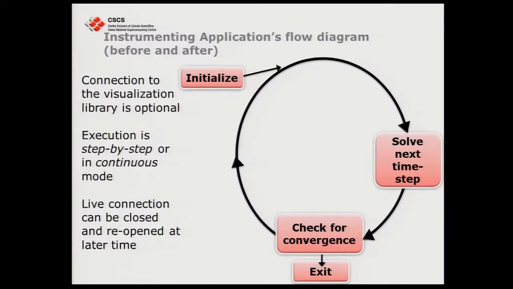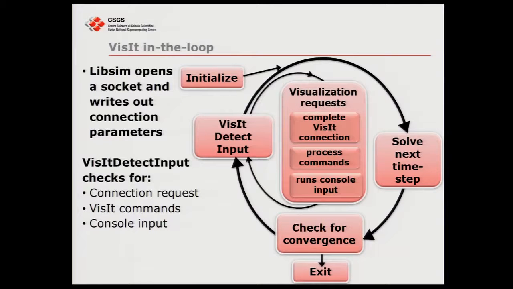And here's what I do with the VisIt library. I insert in the middle this VisIt detect input. This is about 40 lines of code, which is cut and pasted from the examples. It's application independent. This is to say, I need to check if there's a request for connection. If so, I connect. I need to get the name of the commands which VisIt is requesting.